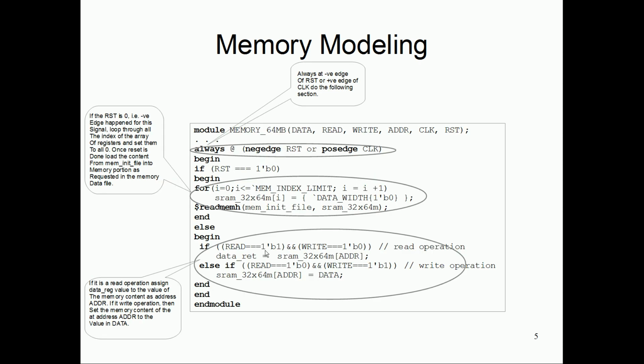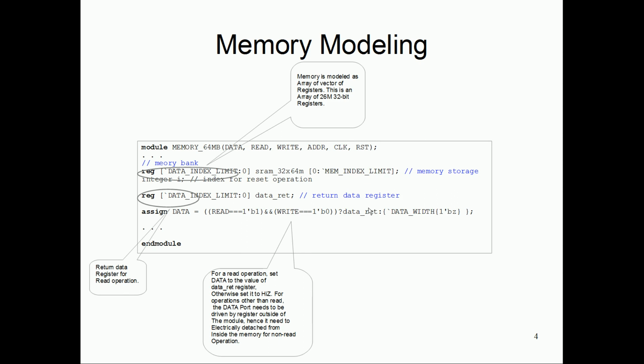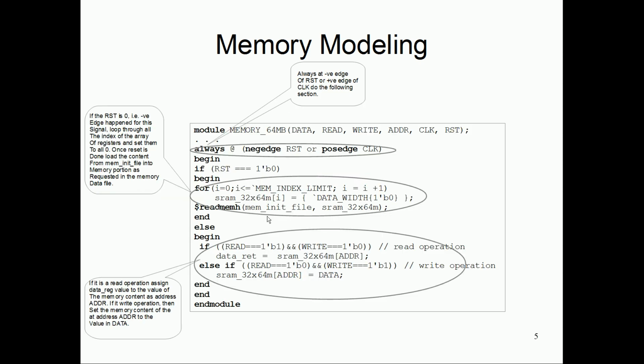That file is read into that SRAM storage, the two-dimensional storage we defined here. We'll review the format of the file, but essentially certain data is loaded into the memory. So at reset time it will read whatever file is defined through this parameter and load that content into the memory.